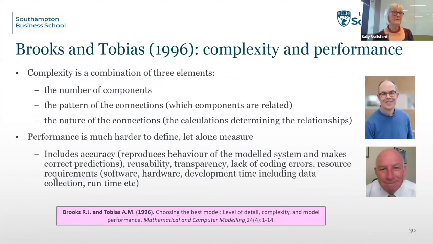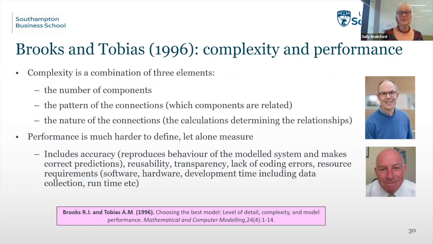So a lot of people have looked at these issues. I said this is a general model, and what Brooks and Tobias were looking at was how complexity compares with performance, which has a number of dimensions. It's accuracy, but it's more than that. Is the model reusable?